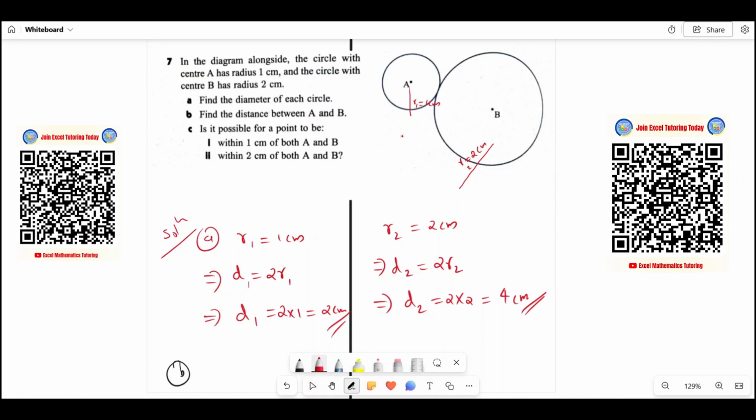From A to this point, we know it's 1 centimeter because it's the radius, and from B to the outermost part of the circle, we again know it's 2 centimeter. So what's the total distance?